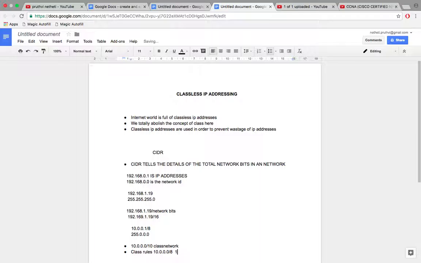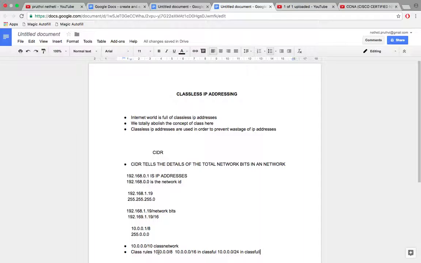You can't write 10.0.0.0/16 in classful, and you can't write 10.0.0.0/24 in classful, because there is no meaning if you write like that. CIDR notation in a classful network denotes the subnet mask of it. So in a classful network you have to write 10.0.0.0/8 because 10 belongs to the Class A series.